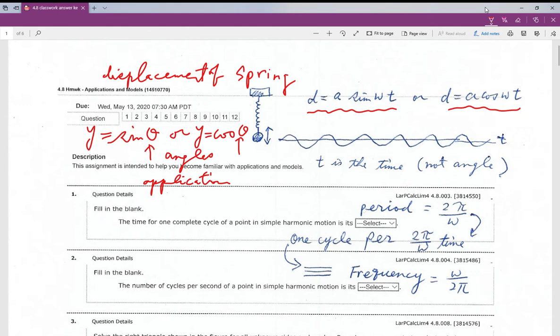Then we may use these formulas, and our input, for example, pi over 6. Before, we assumed pi over 6 is an angle, in radians. But right now, we may say pi over 6 is hours, or seconds, or whatever unit you want to use.